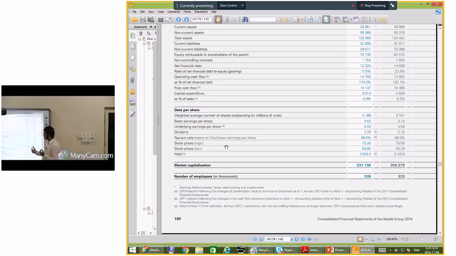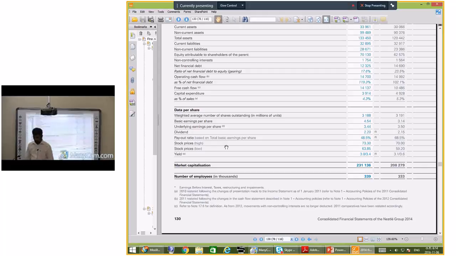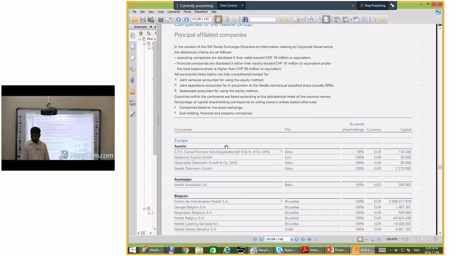Now we can get some idea through this information. Dividends paid for the previous years were 15 and 20. Consistency can be identified through these details. Then you can see some other information here.